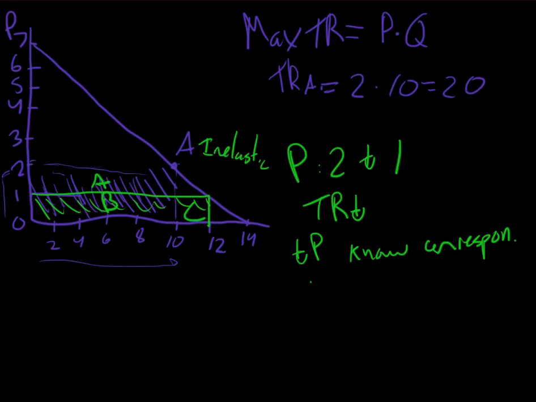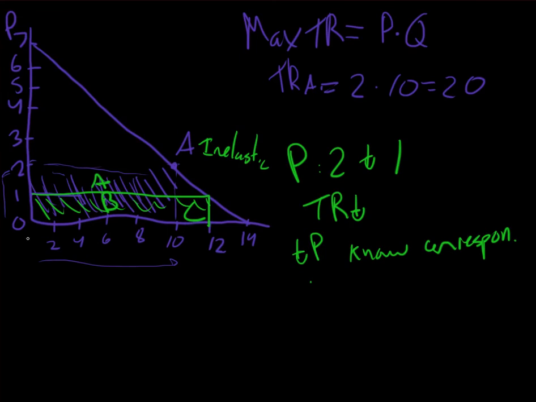Even though I drop my price by half, I make extra revenue on extra units sold, but my loss of revenue on the previous units that still get sold, units people were still willing to buy at the higher price, is not compensated by my additional revenue on the extra few units sold.